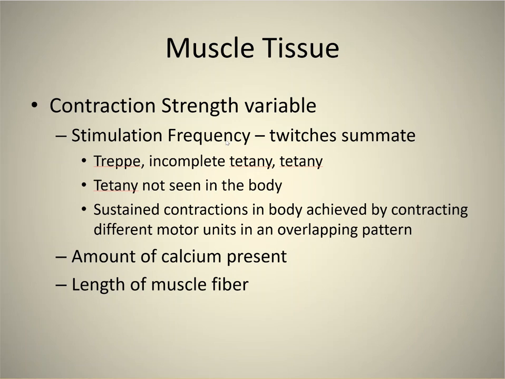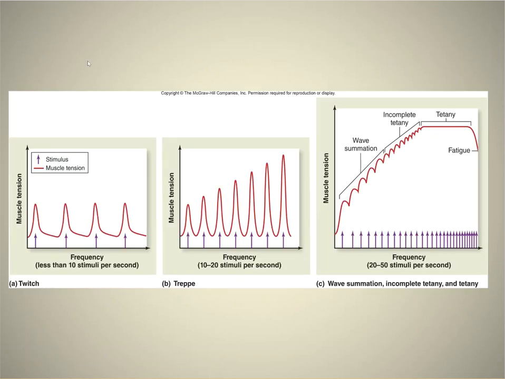Also, the tension generated is a function of the length of the muscle fiber. We'll see this in later slides, called the strength-length relationship: muscle contracts best when it's at a particular length. Here are chart records starting with twitch.